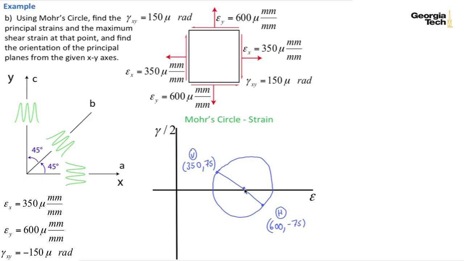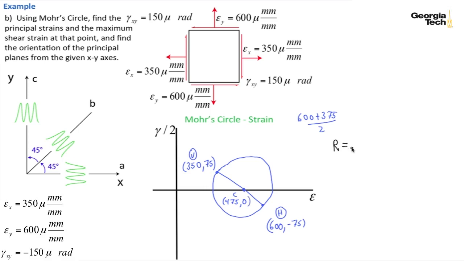Okay, first thing I want to do is find the center. That's going to be the average strain. So we've got 600 plus 350, divided by 2, for our average normal strain, which ends up being 475. So this is 475 and 0. Let's now do the radius.